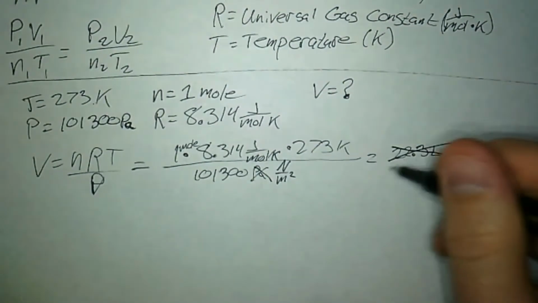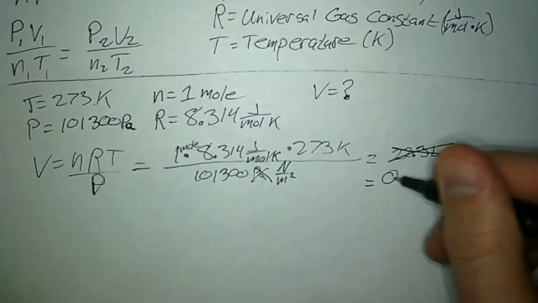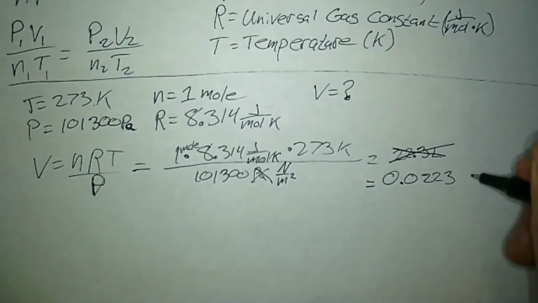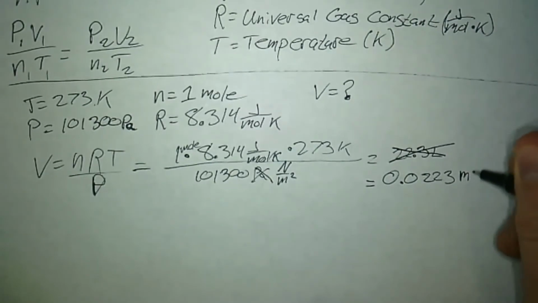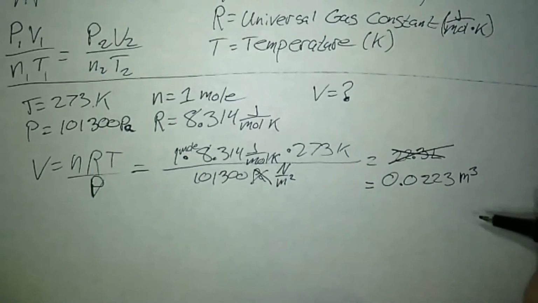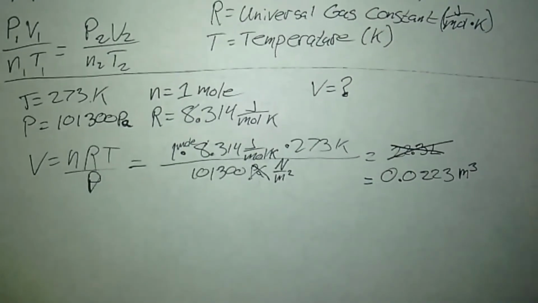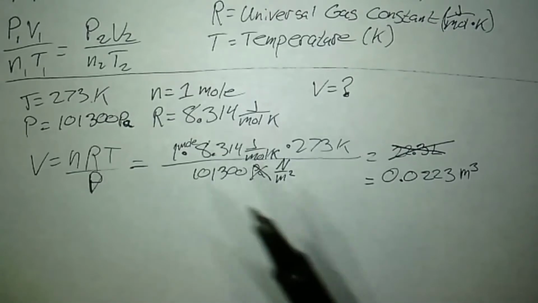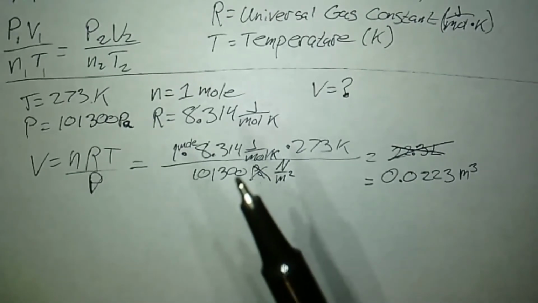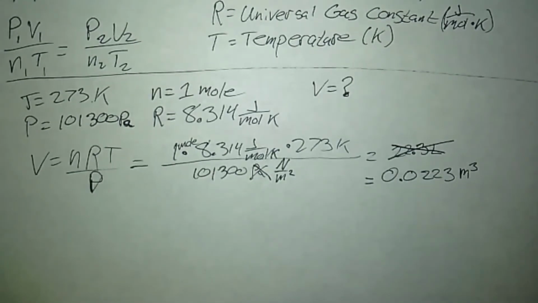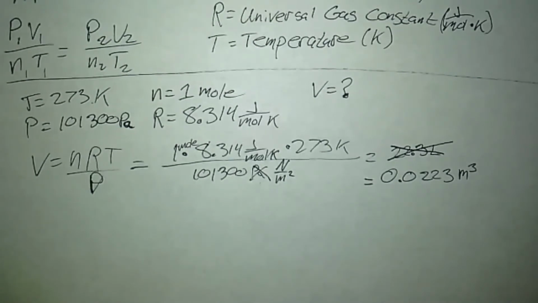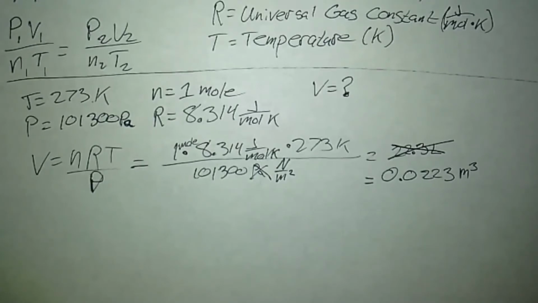We are doing this in SI units. So what you're actually going to get out is 0.0223 meters cubed, which is just a little bit different. Conceptually it's the same thing. It still means the same amount of space taken up, but the difference is it's in SI units. So there are 1,000 liters in 1 meter cubed.